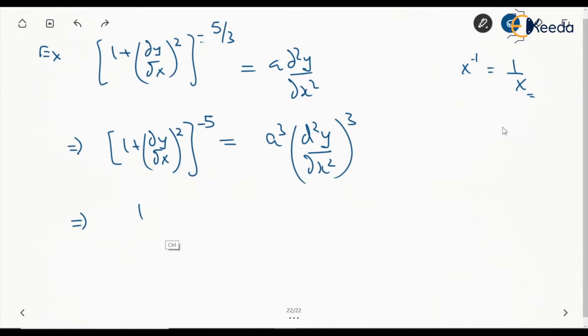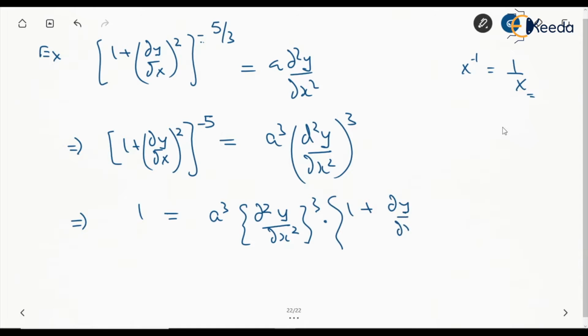Instead of that, we can directly write, so this can be written as a cube into second derivative raised to power 3 into 1 plus dy by dx square to the power of 5.